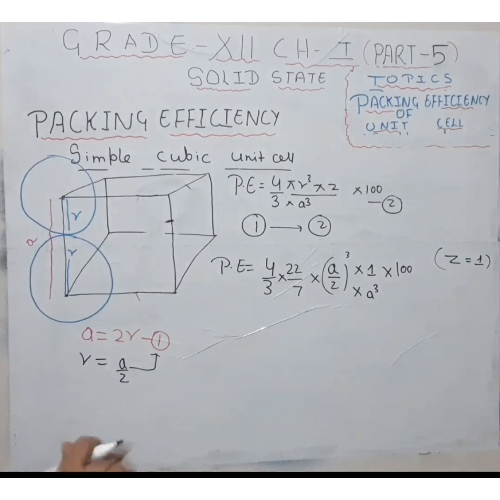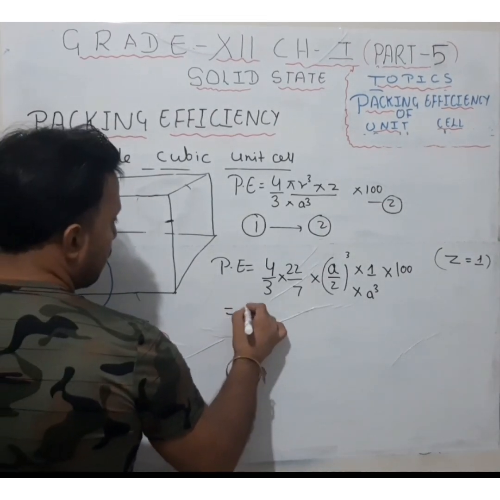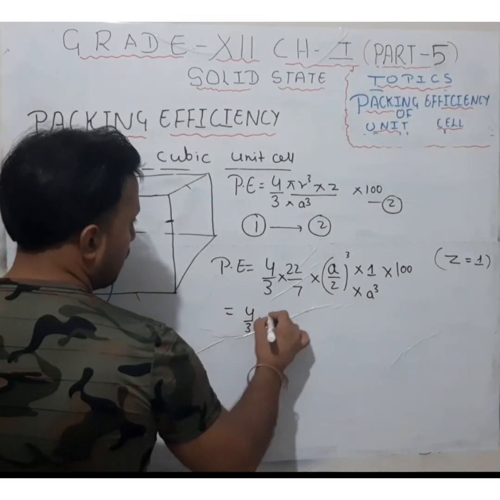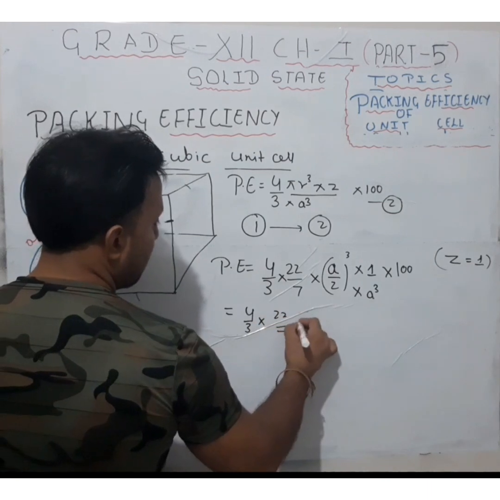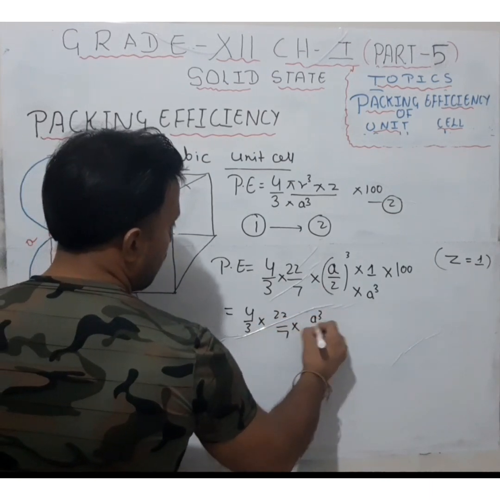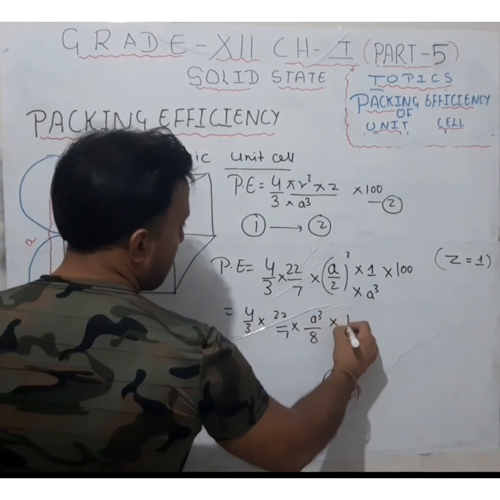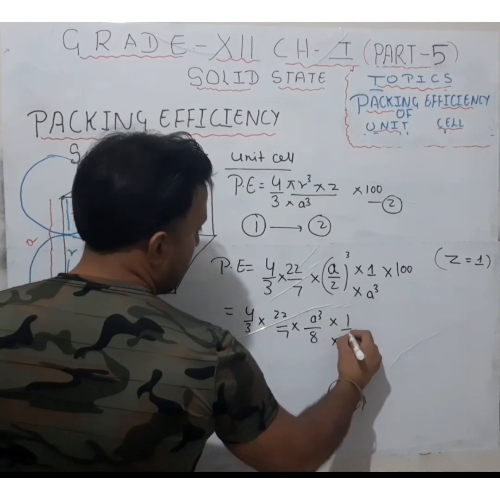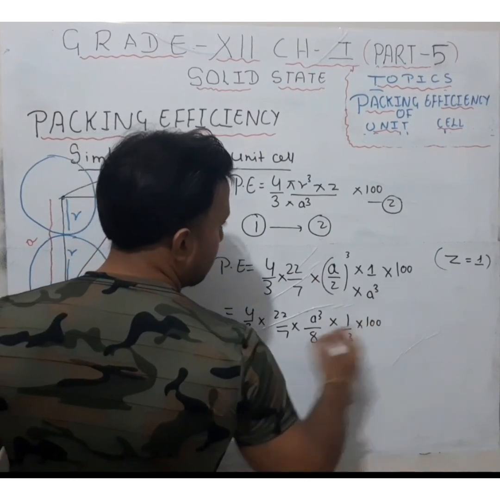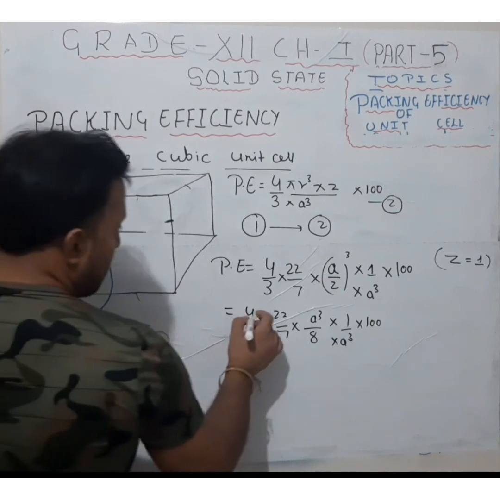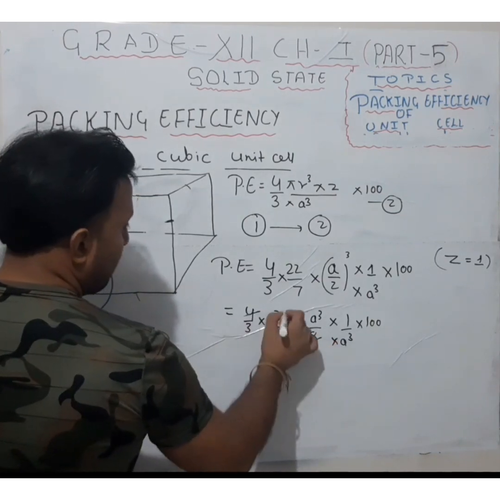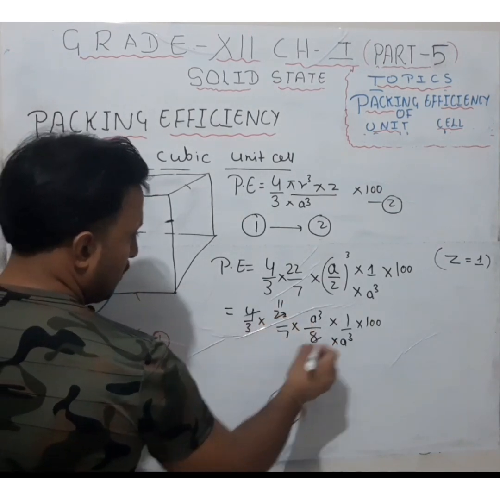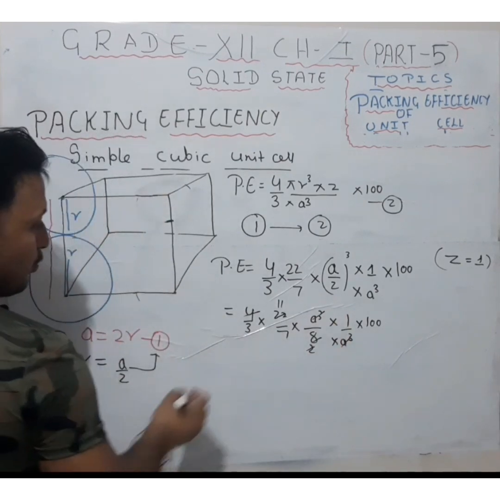Now if you solve this further, it becomes 22 by 7 multiplied by A cube divided by 8, multiplied by 1 divided by A cube, multiplied by 100. We can cancel the A cube with A cube.